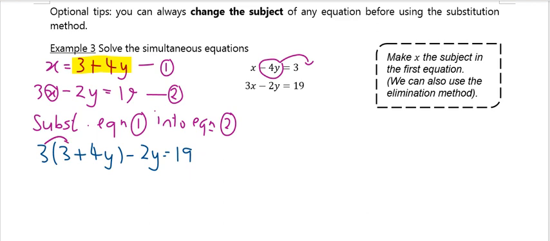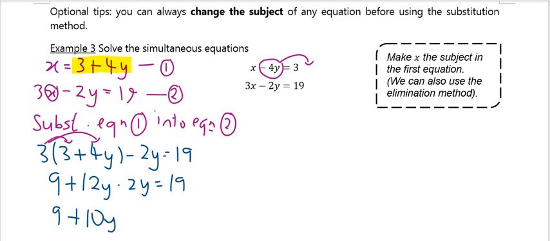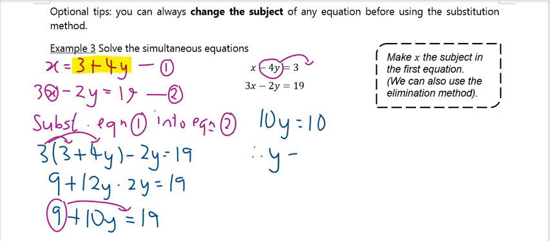All you have to do afterward is expand the 3. 9 plus 3 times 4, 12y, minus 2y equals 19. Simplify this: 12 minus 2 gives you positive 10y, so 9 plus 10y equals 19. You have to move the 9 to the right hand side. So 10y equals 19 minus 9, which is 10. Therefore, after you divide both sides by 10, your y will be 1. So that's for y.